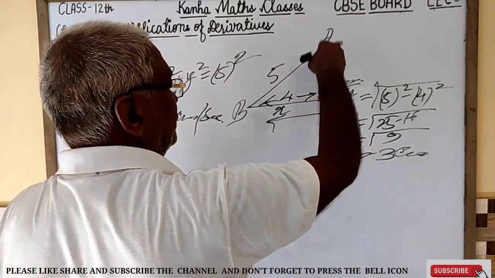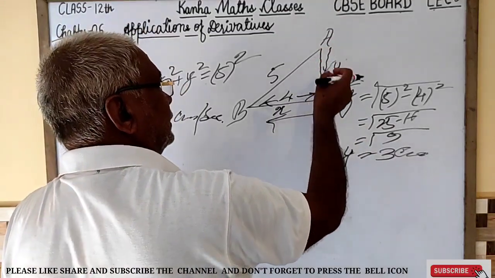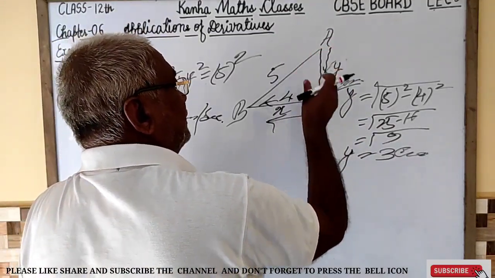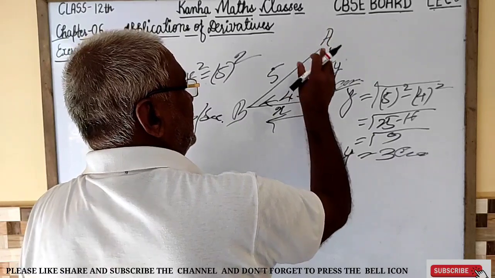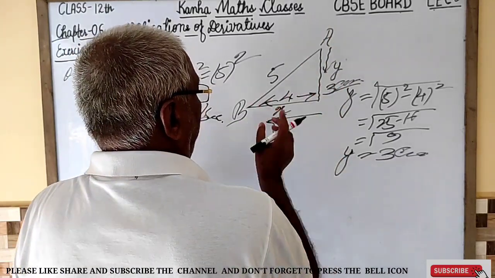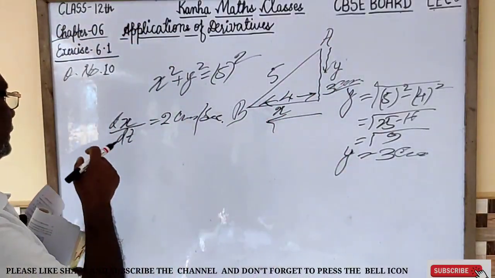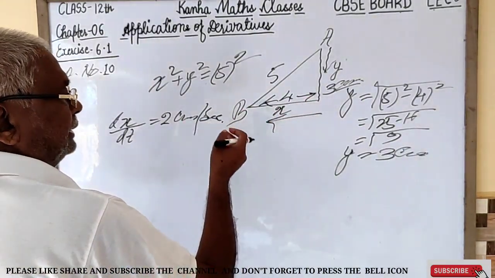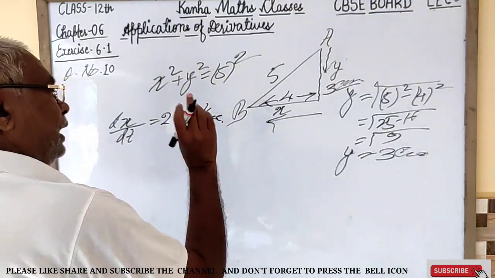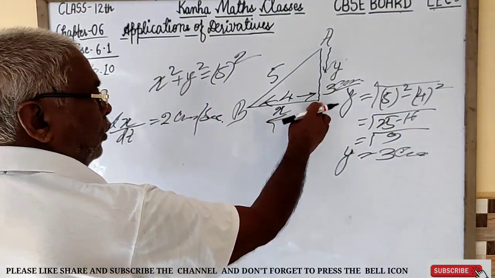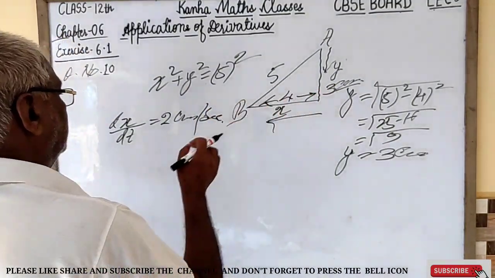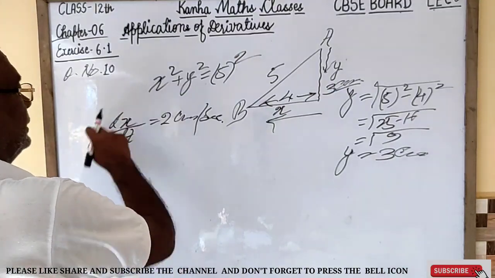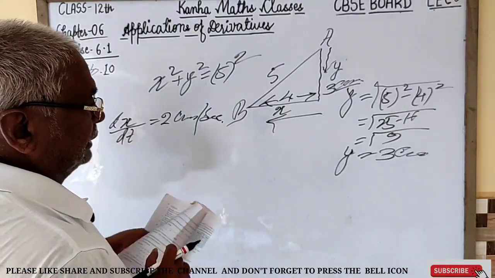Hence it will decrease, and here in this question we have to find out the rate of decrease with respect to t, and here already we have been given dx/dt, the rate of increase of the distance of the lower part of the ladder from the ground, this rate is given by 2 centimeter per second.